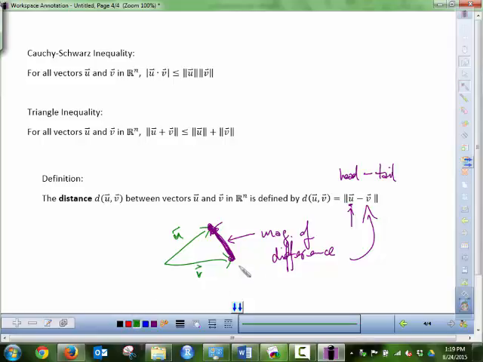So if you look at this as just a couple of points, V1, V2, U1, U2, you go back to that distance formula and find the distance between these 2 points, and that's going to be your magnitude of the difference. Okay?